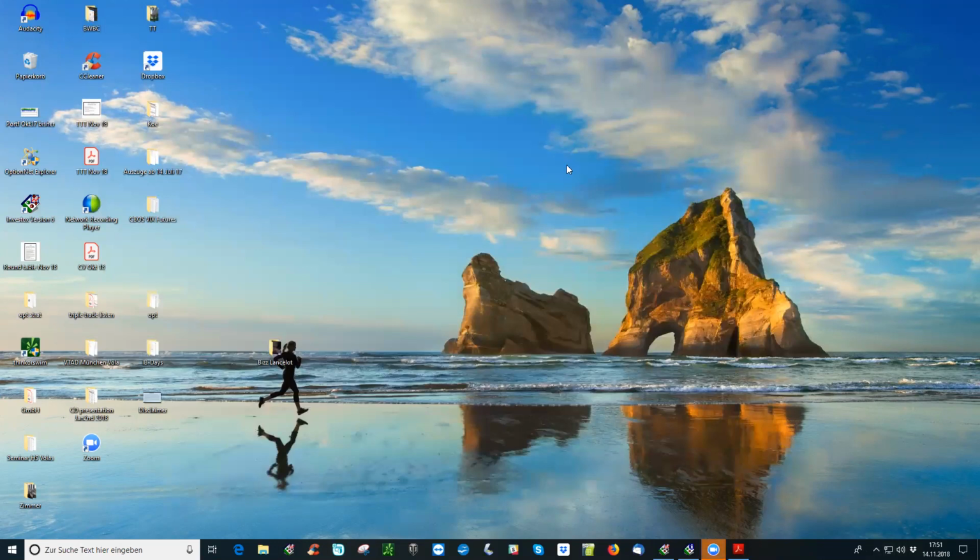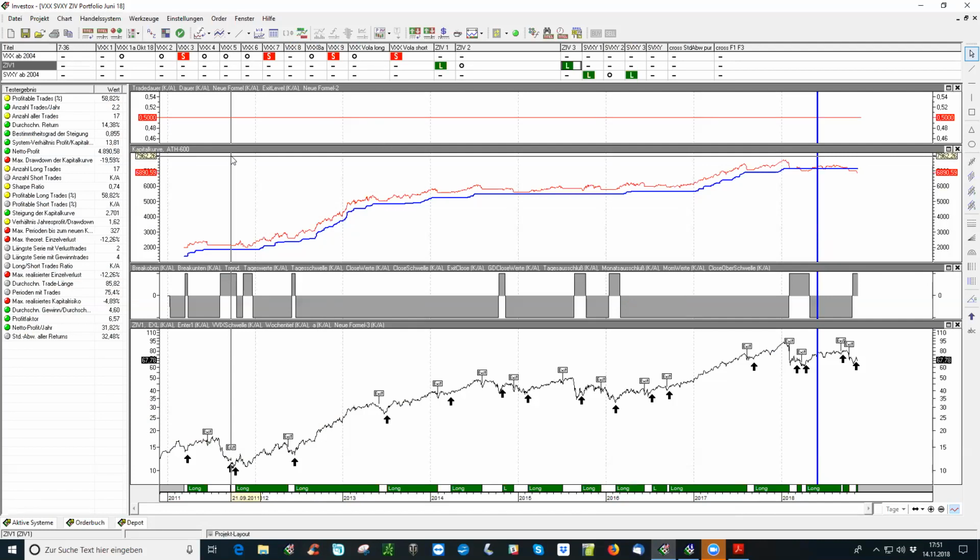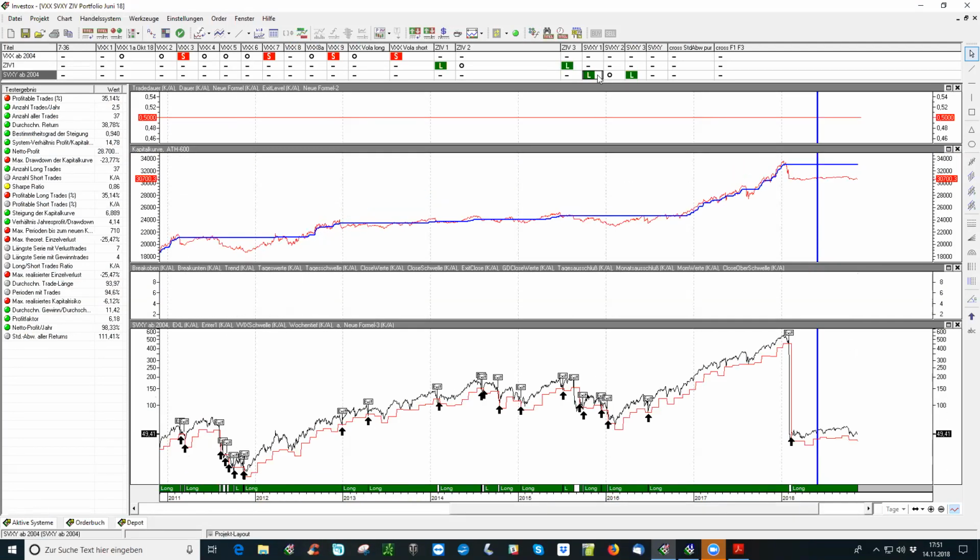I made pretty much the same thing as in the... This is our trading system. This is live. This is the SVXY. Here you see there are some signs when I see something coming up, and my algorithm tells me to go out here at this level.